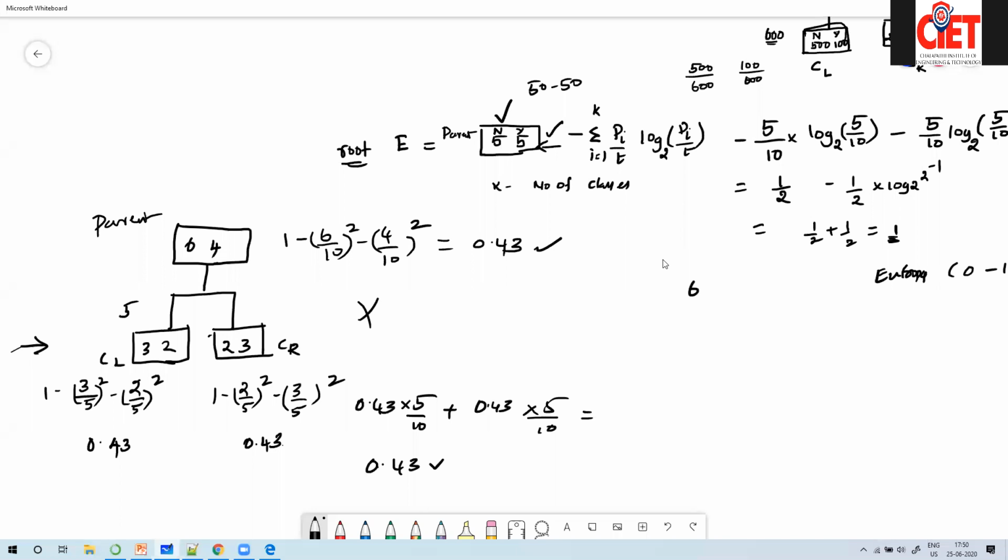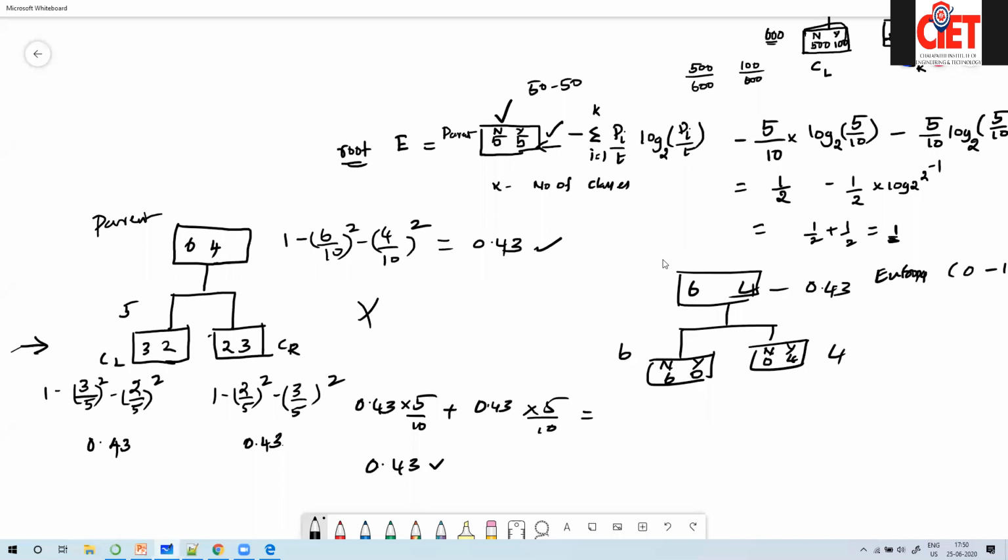Now consider a split something like this, where we got 6 observations here, where we got 4 observations here. All 6 belong to no class and 0 belong to S class. All 0 belong to no class and 4 belong to S class. So what is the impurity at the root node? 0.43 parent node.